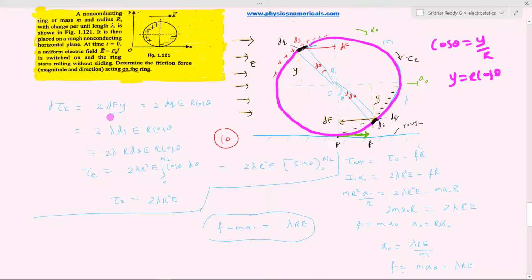Then 2 lambda ds. This dq is what? The charge on this element is equal to lambda, the linear charge density, into the length of the element. So dq is lambda ds, with r cos theta. Further, what is ds? Arc length.